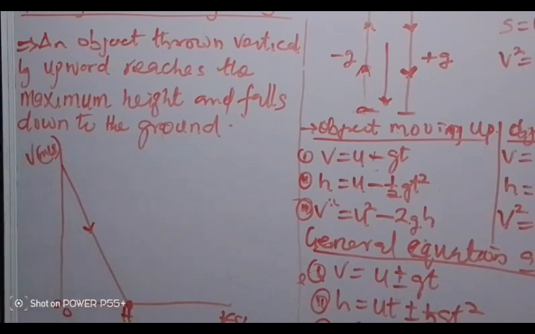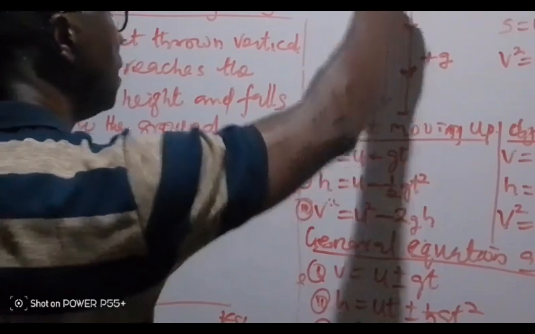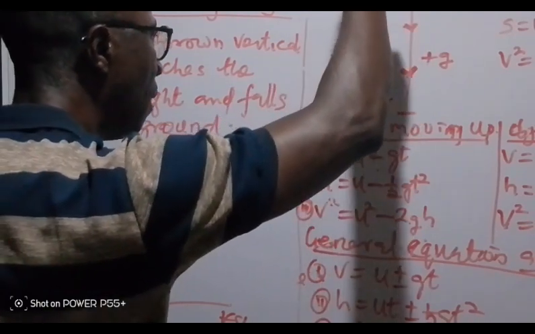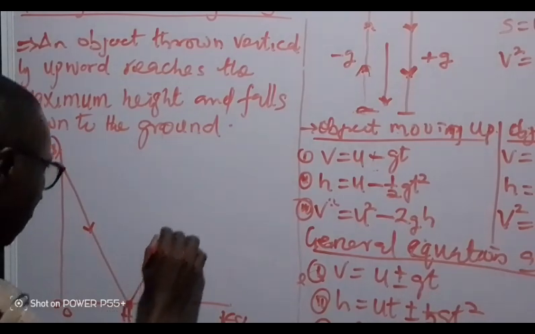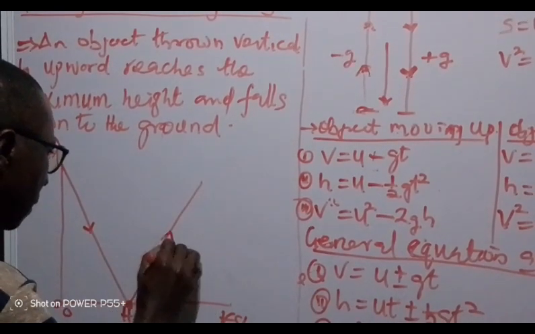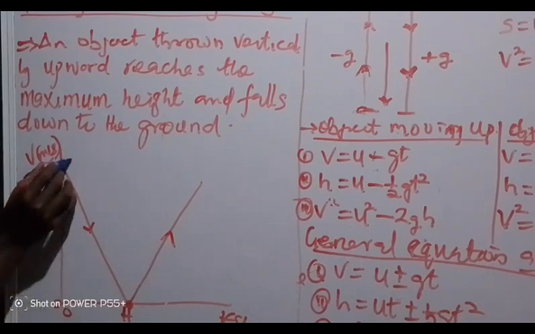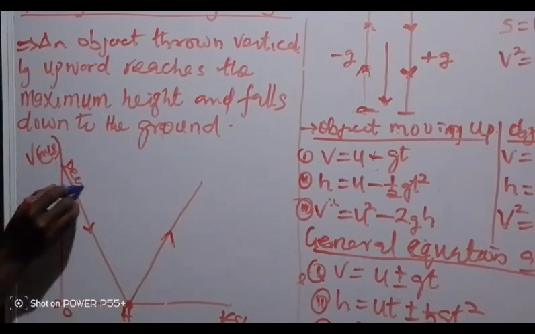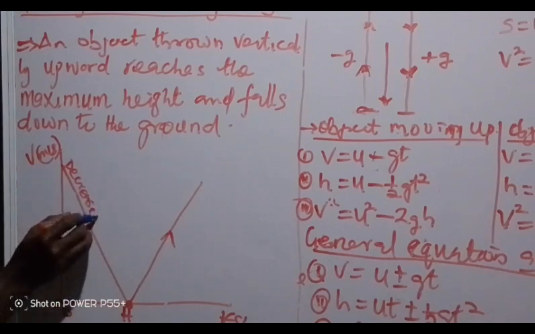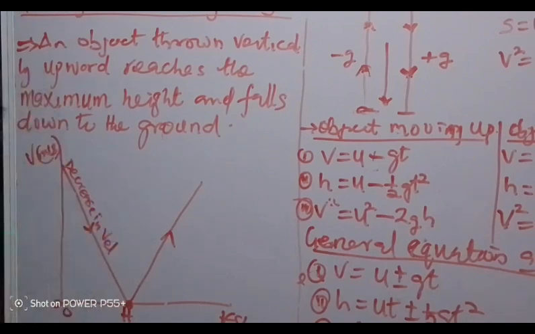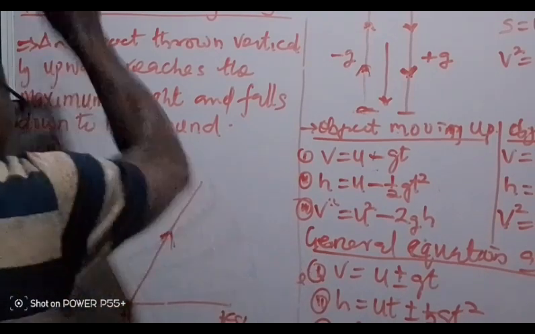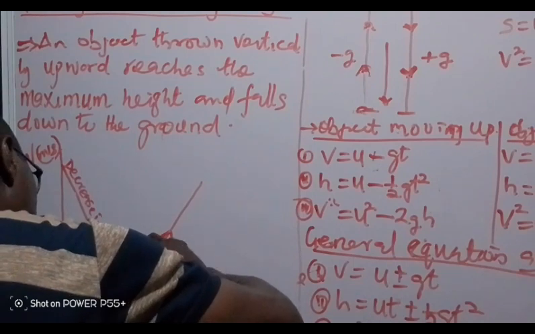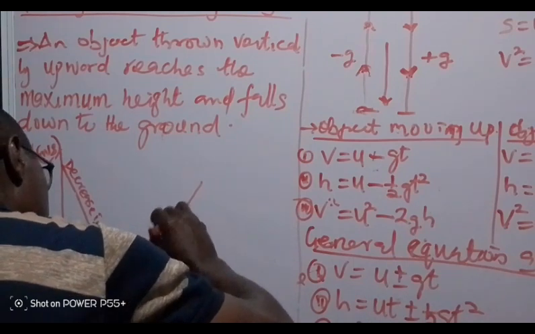Now, on reaching maximum height, we explained that on coming down, the velocity will increase. So it will increase like this. So there will be a decrease in velocity when it is going up, then when it is coming down, there will be an increase in velocity.